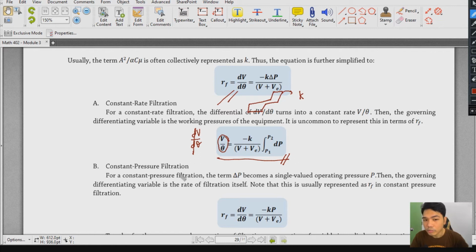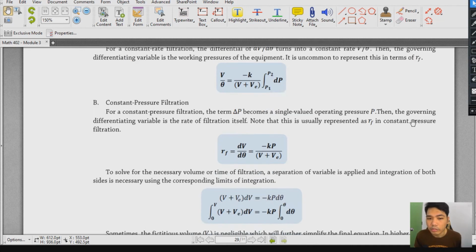But when it comes to constant pressure, itong pressure na to becomes constant. So hindi magsi-zero, matatanggal lang yung ating delta dyan. Pwede mong sabihin na that's dP. So matatanggal lang yung d dyan, and then magiging P na lang siya. But then again, itong V over theta, babalik siya sa dV over d theta. So yun. Okay? And that's it for the two cases na meron tayong constant rate and then constant pressure.